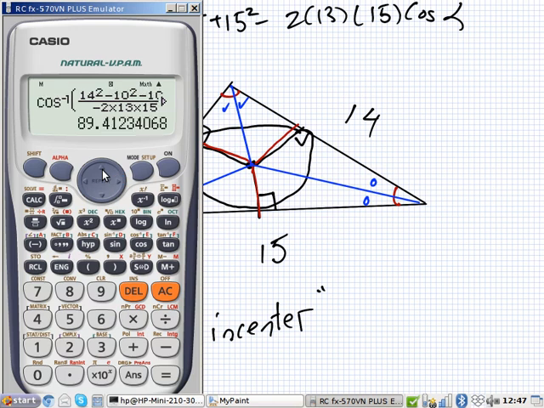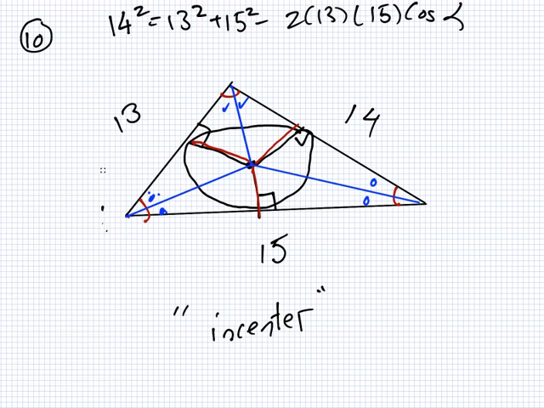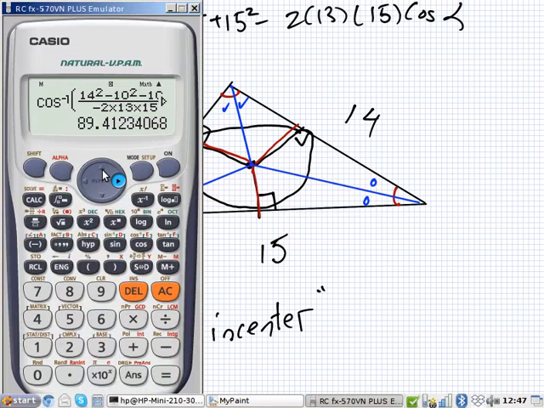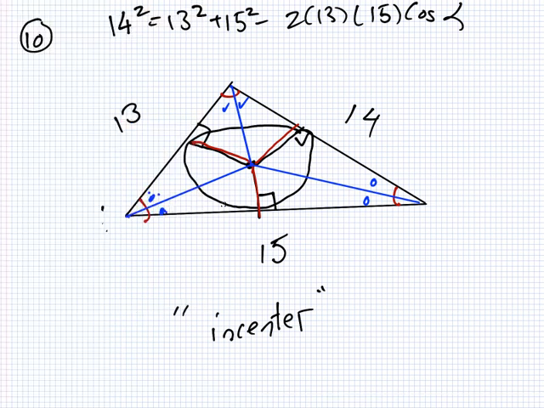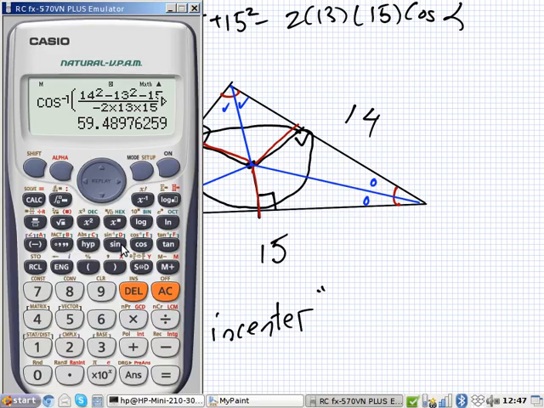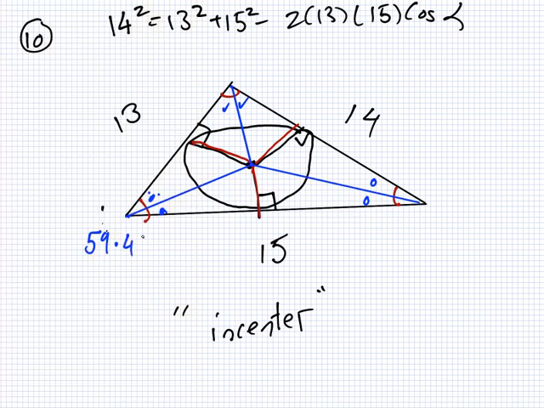So alpha is 89. That seems wrong, doesn't it? Oh, I forgot about the top. Sorry. 13, 15. 59.5. 49. I know this angle. Wonderful.